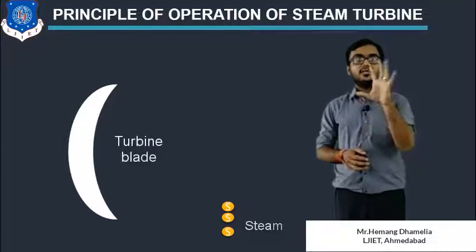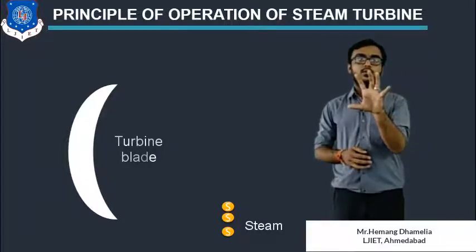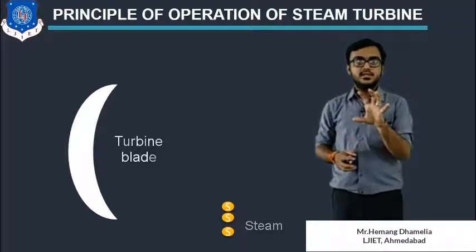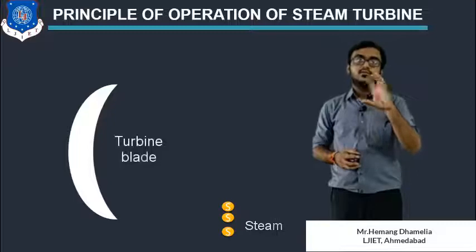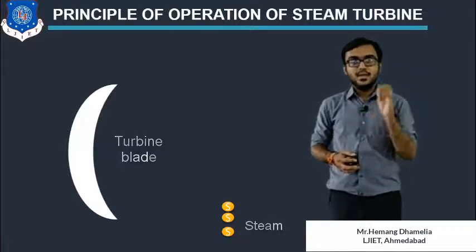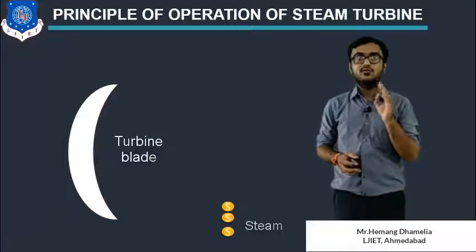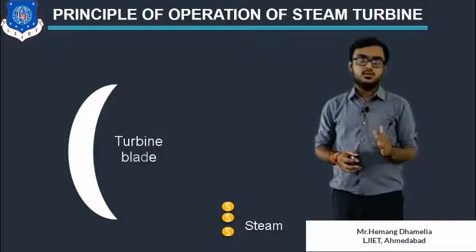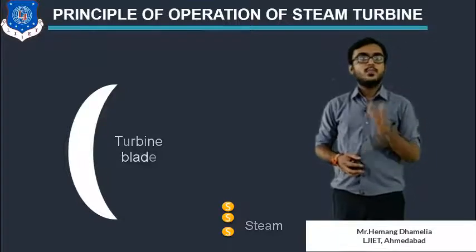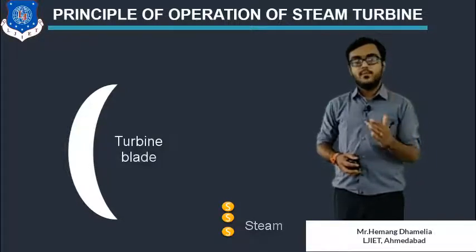For example, here we have a rotor like this, and over the rotor we have a number of blades. Whenever we impart the steam, the rotor will try to rotate about its axis. So it is the basic principle of turbine working, which is based on Newton's second law, that is, force is proportional to the rate of change of momentum.